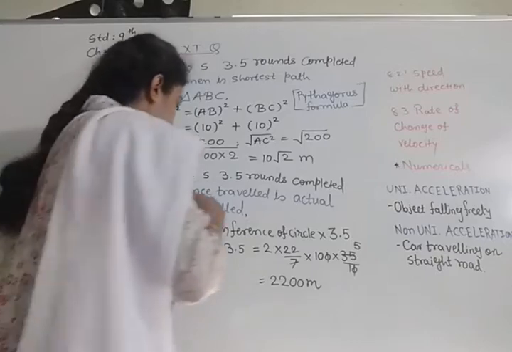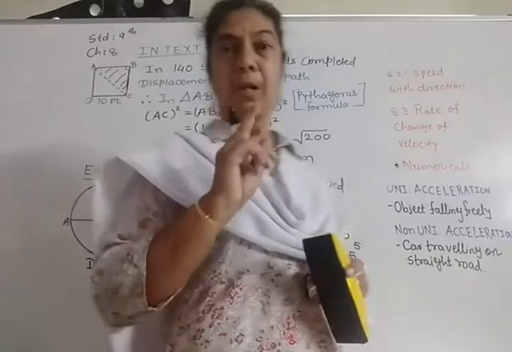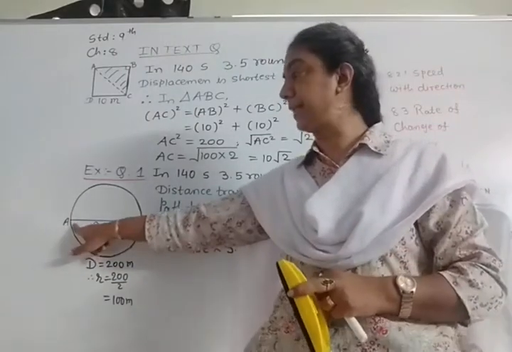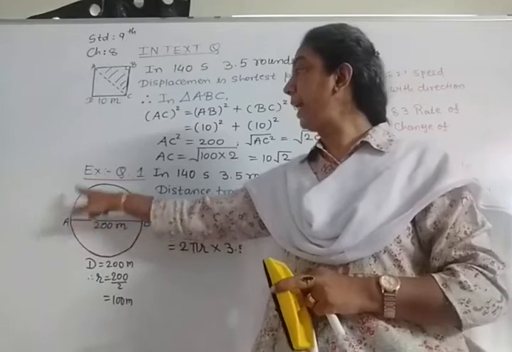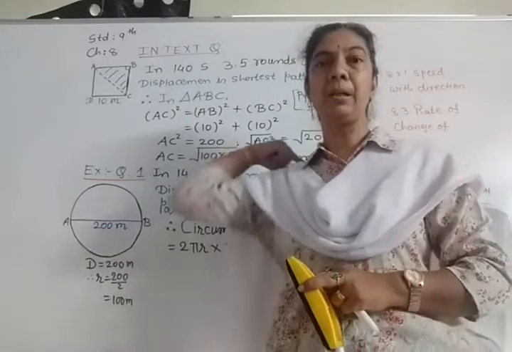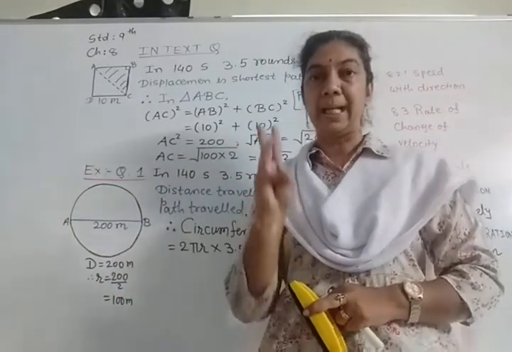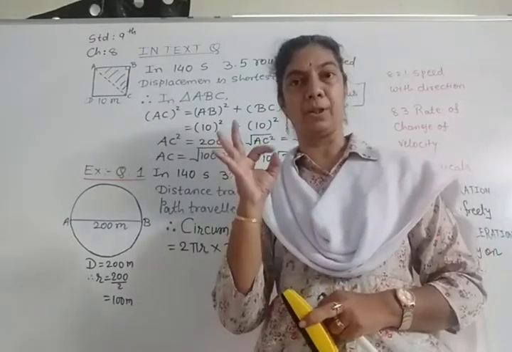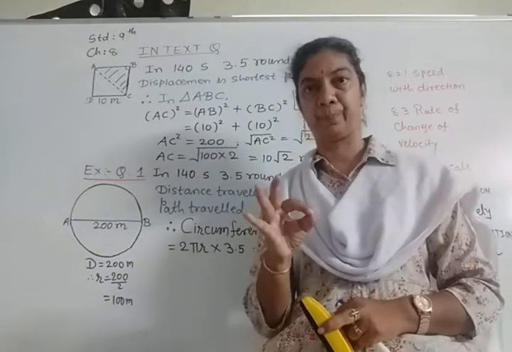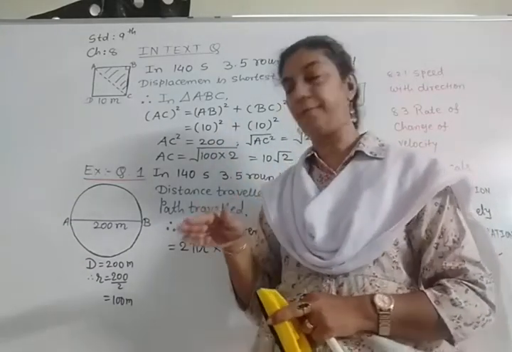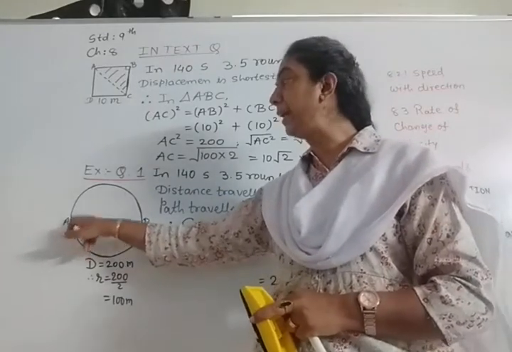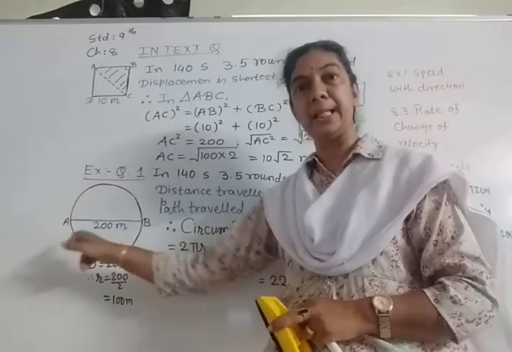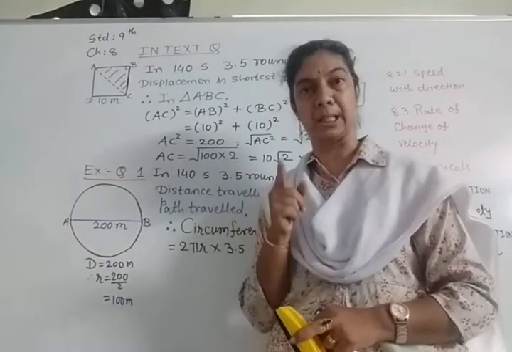But the displacement after 3.5 rounds, once again, so for 3 rounds, say the athlete has started from point A. So A to again A will complete 1 round. Likewise, he has completed 3 rounds, and in that situation the displacement will be 0. But for another half round, again he will start from A and he will reach the point B. And that distance is the diameter of the circle.